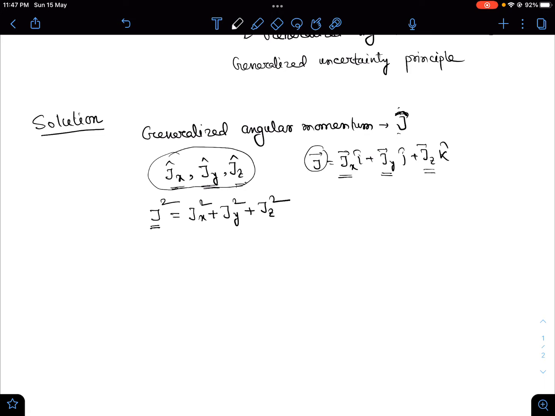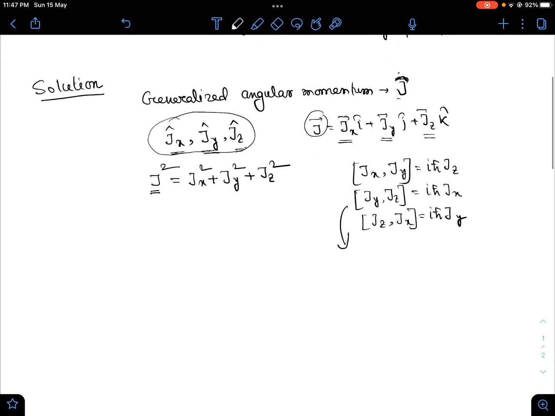From the standard formula, [Jx, Jy] is i h-bar Jz, [Jy, Jz] is i h-bar Jx, and [Jz, Jx] is i h-bar Jy.